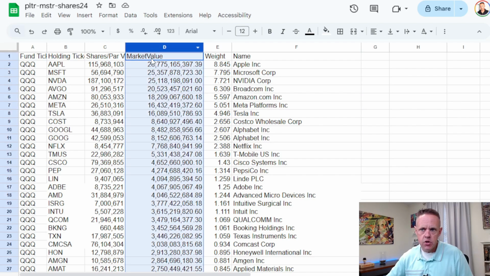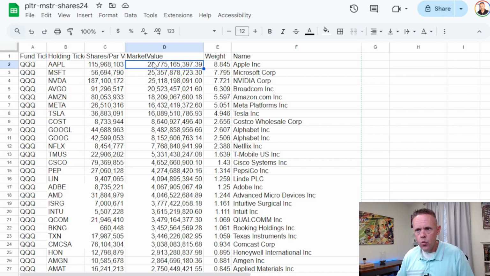So if you take this whole market value column, you get $325 billion and some change. So the QQQ today, when I downloaded this file, has over $325 billion in stock holdings. 8% of that, if you look at Apple, basically 9%, equals $28 billion.